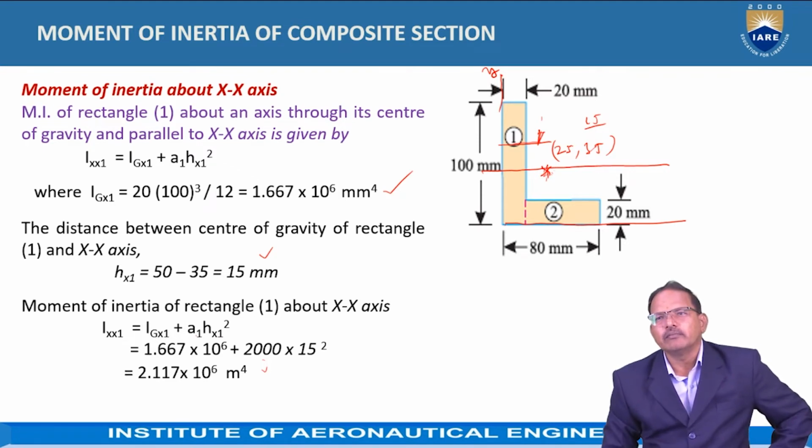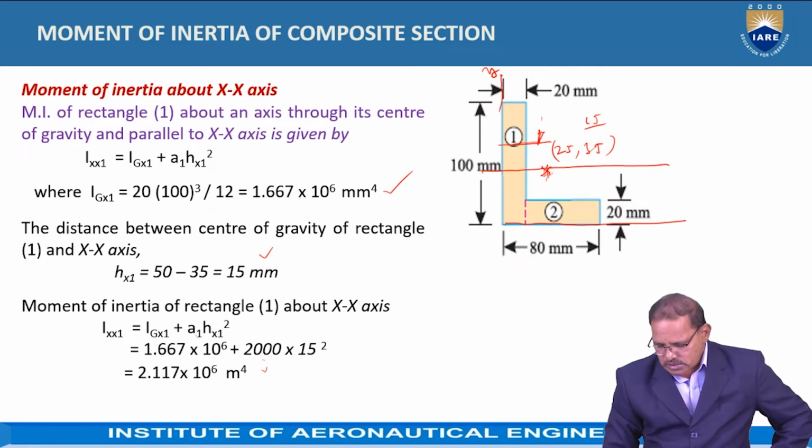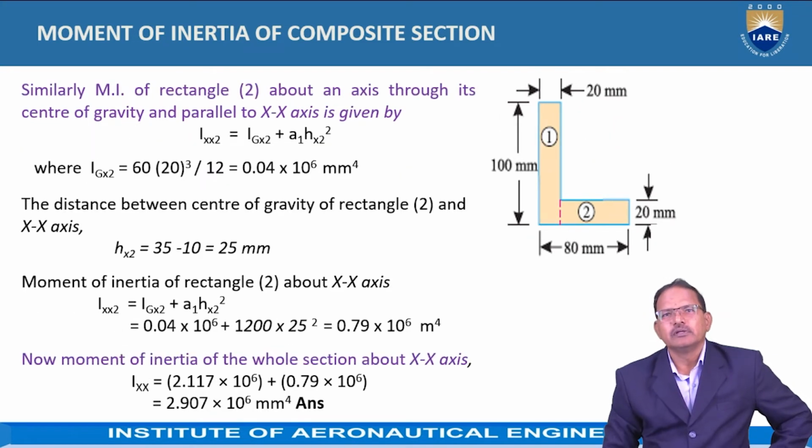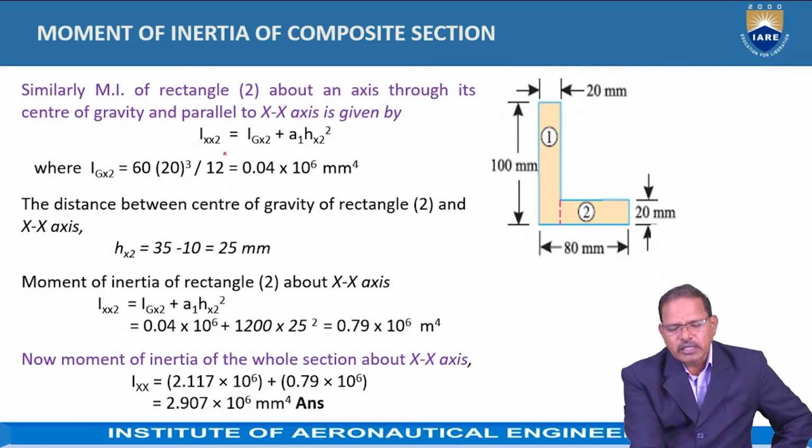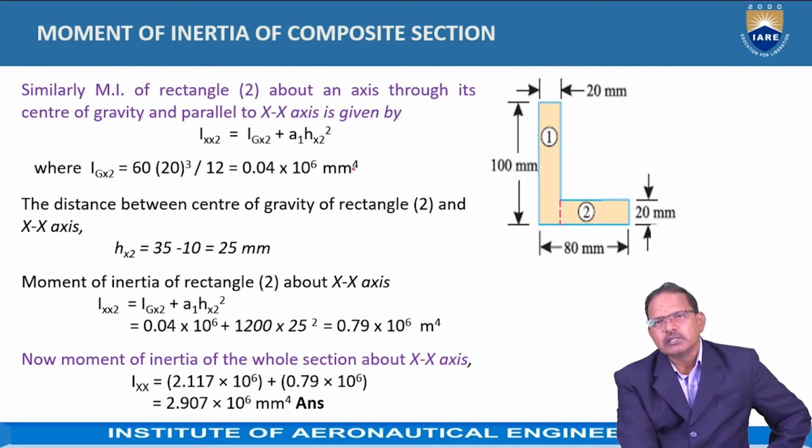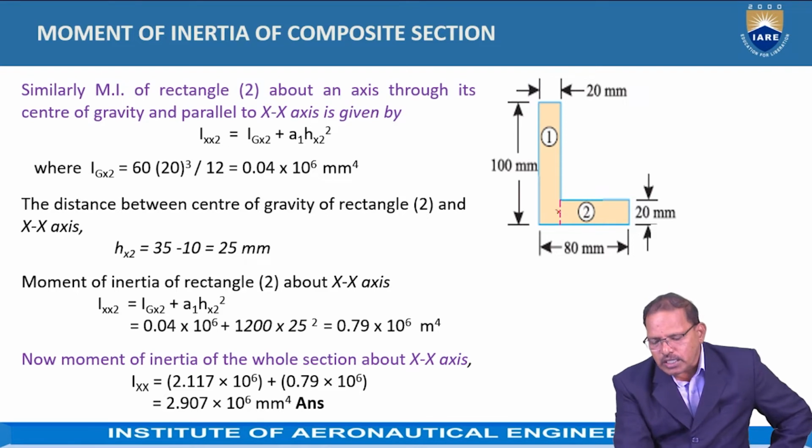Similarly, we have to determine the moment of inertia possessed by the second rectangle about the central axis, which is parallel to its base. It is given by Ixx2 is equal to Igx2 plus A2 Hx2 whole square. Igx2 represents the central moment of inertia of the second section about its own central axis.